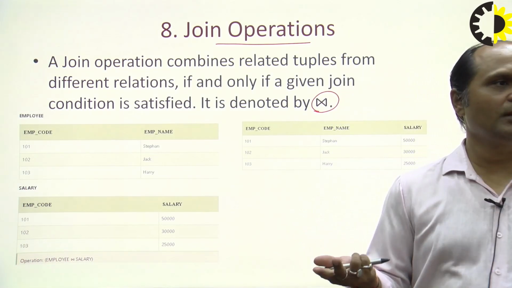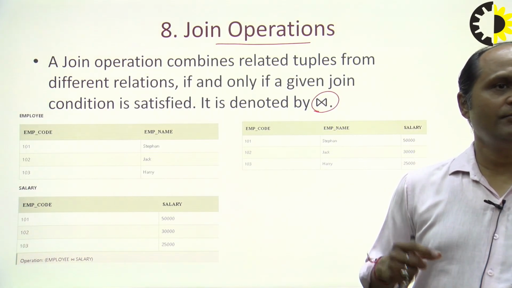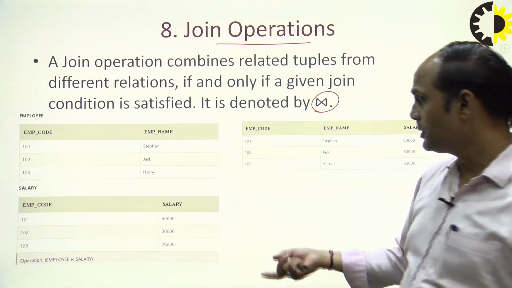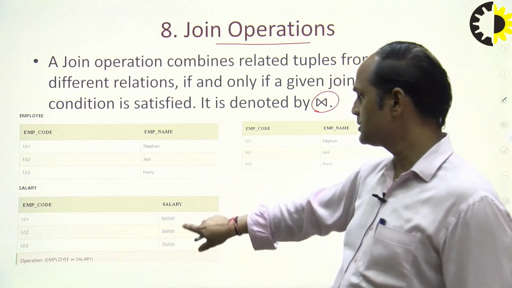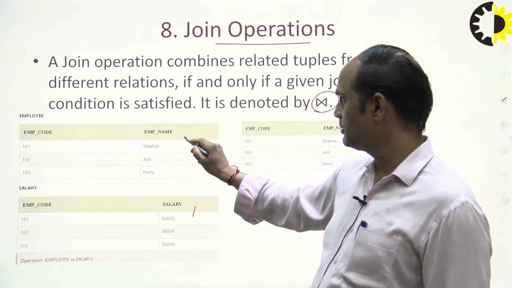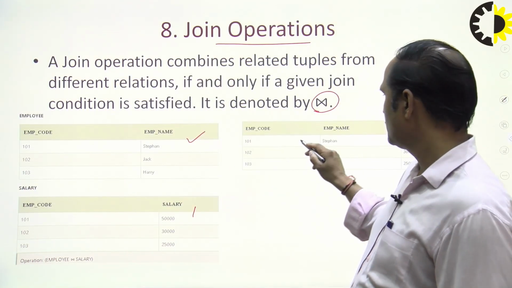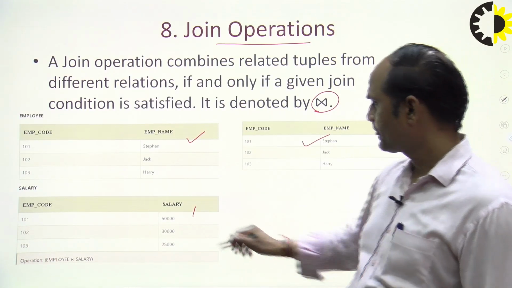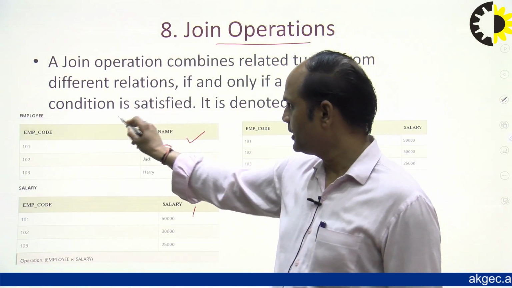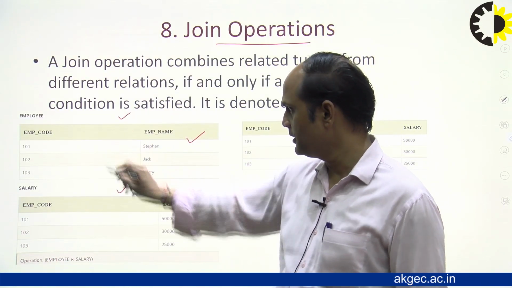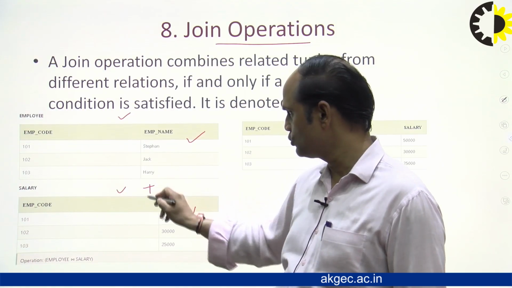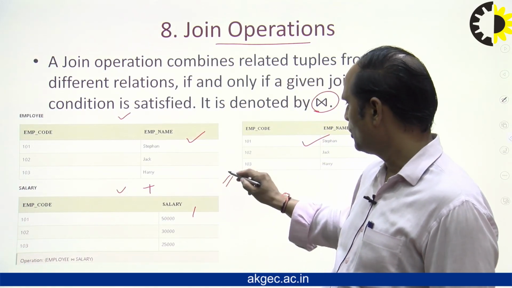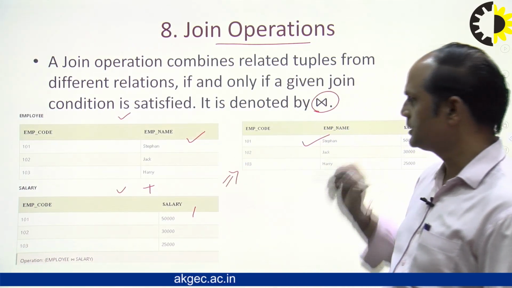Suppose we have 2 tables, employee and salary, and we want to join them in a particular scenario. Sorry, the employee table is there and the salary table is there. We want to combine these 2 tables, and the output of these 2 tables is this.